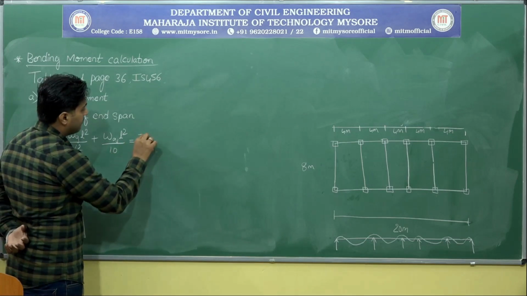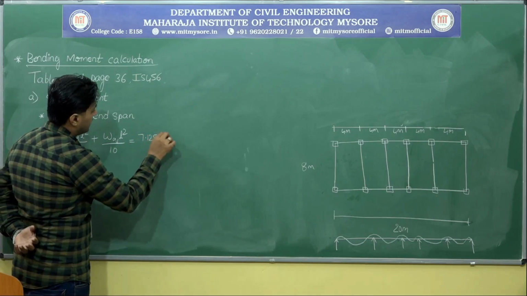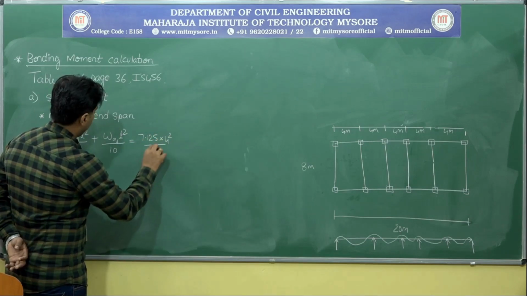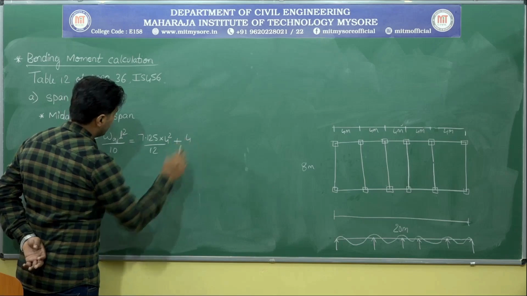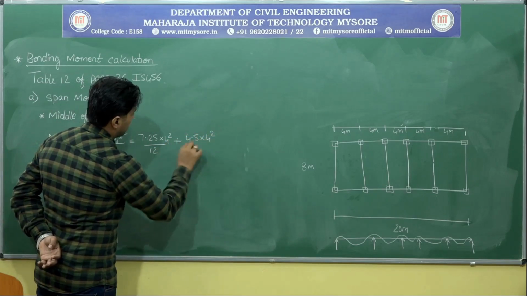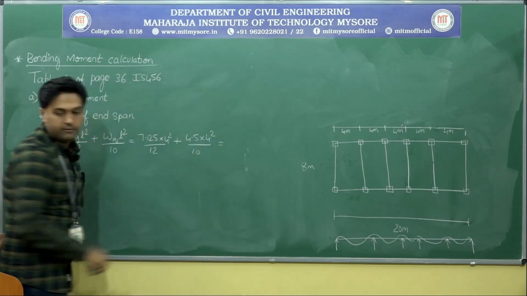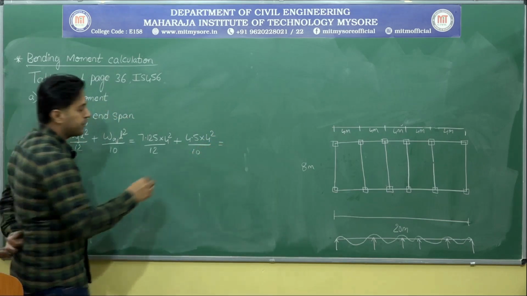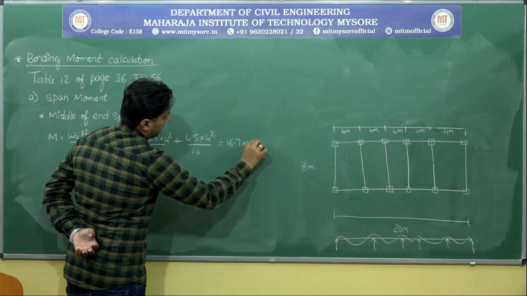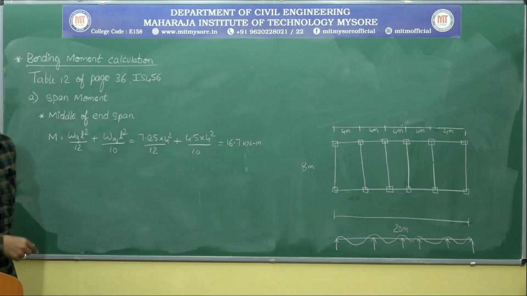WG we have calculated as 7.125 into L square, 4 square, divided by 12, plus WQ is 4.5 into 4 square divided by 10. The final value that we get here is 16.7 kilonewton meter.